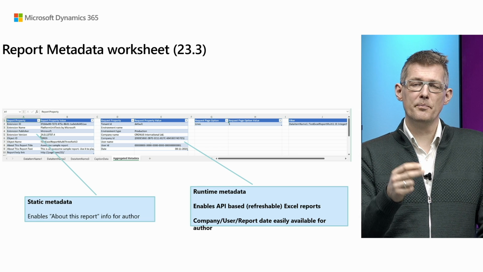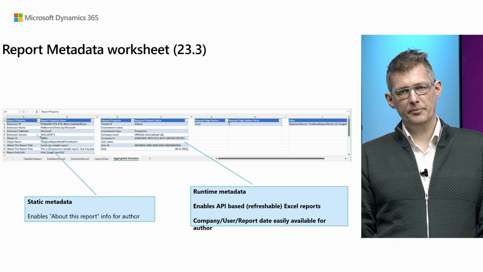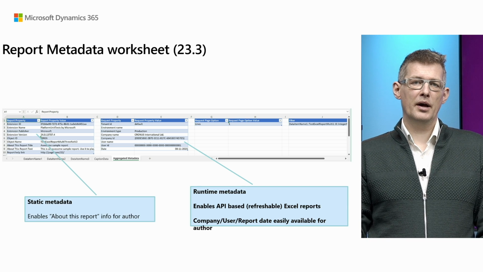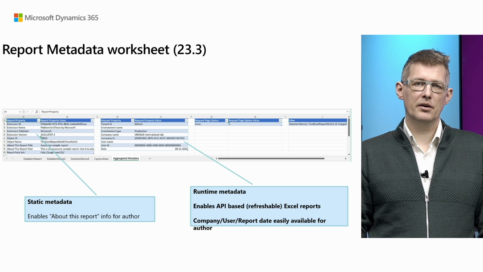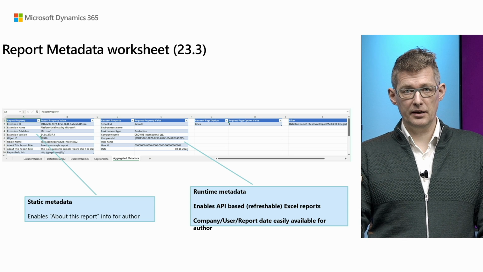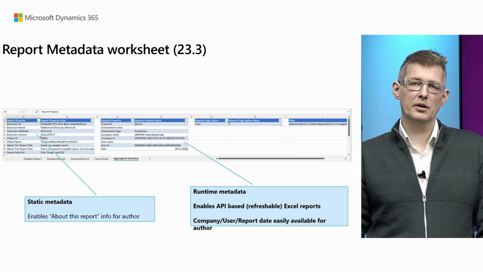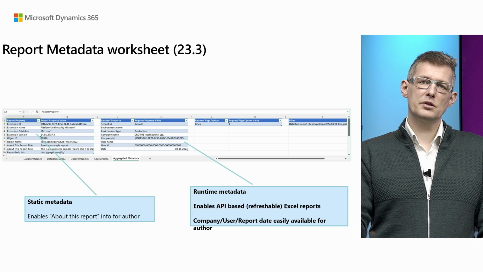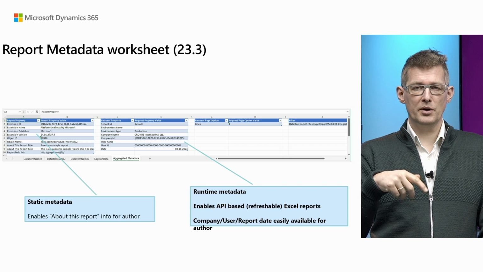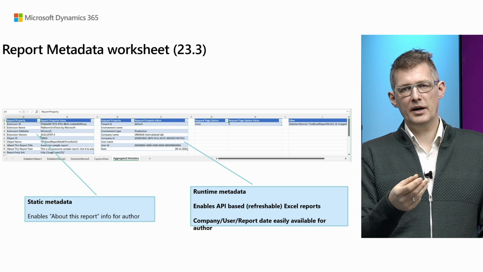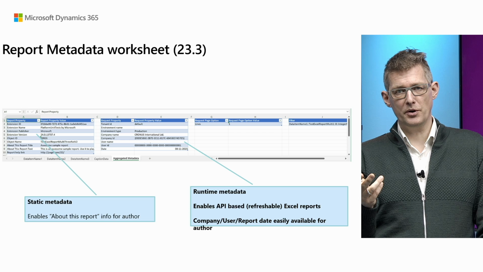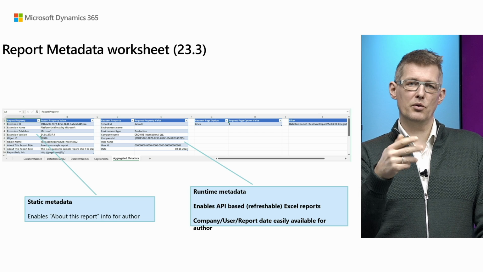Because if the report object developer added this metadata for the teaching tip, title and text, and for the report context-specific help link, you can actually use this in the Excel report itself. If you want to provide context-specific help, maybe a worksheet stating about this report, you can put that in there.